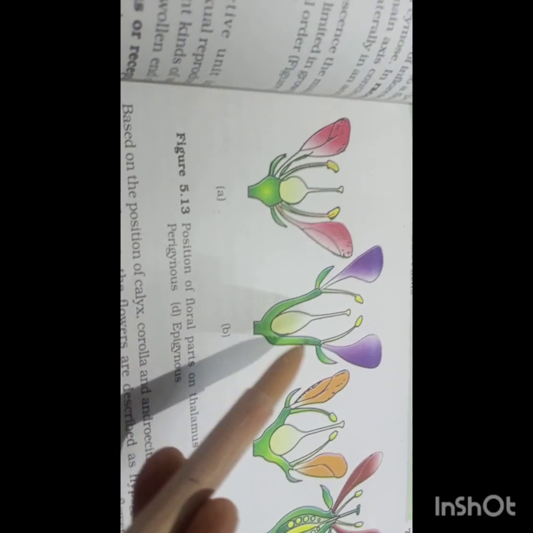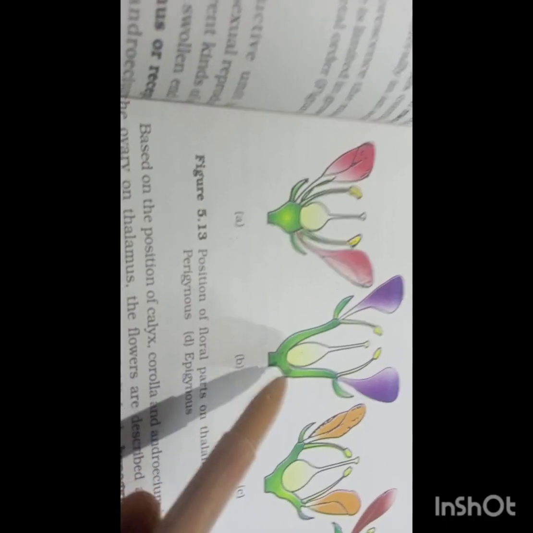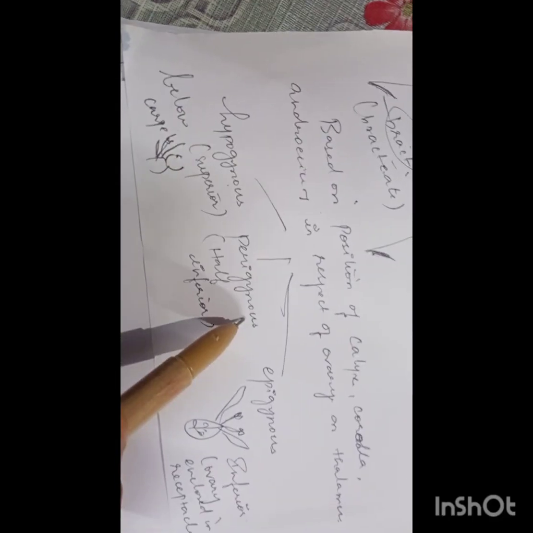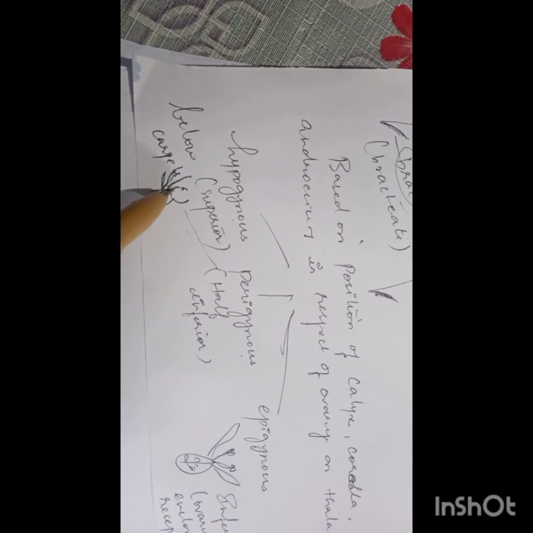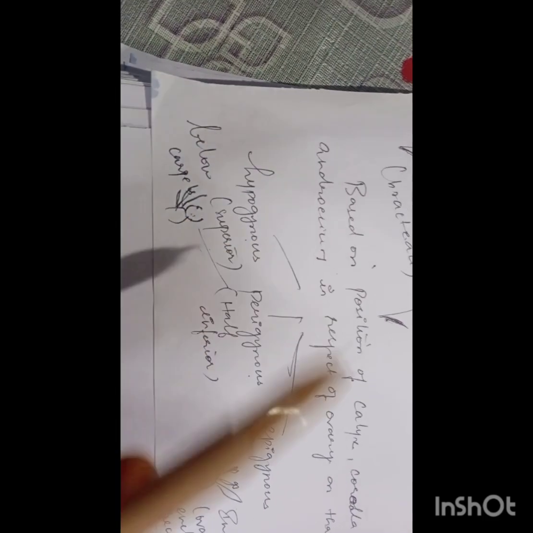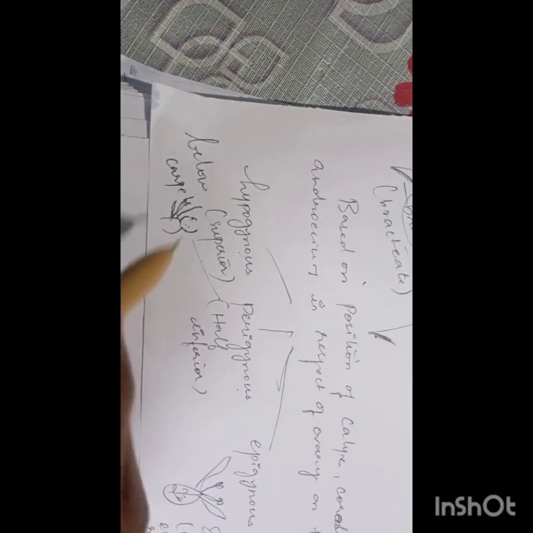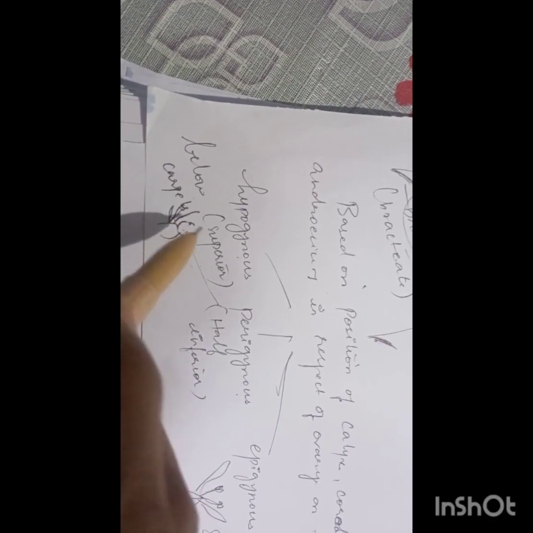I said the floral layers will be arranged on this bulged structure, that is thalamus, right? So based on how it is arranged, you have three types here: hypogynous, perigynous, epigynous. Here we will speak about the ovary, how the other whorls are arranged around this ovary.